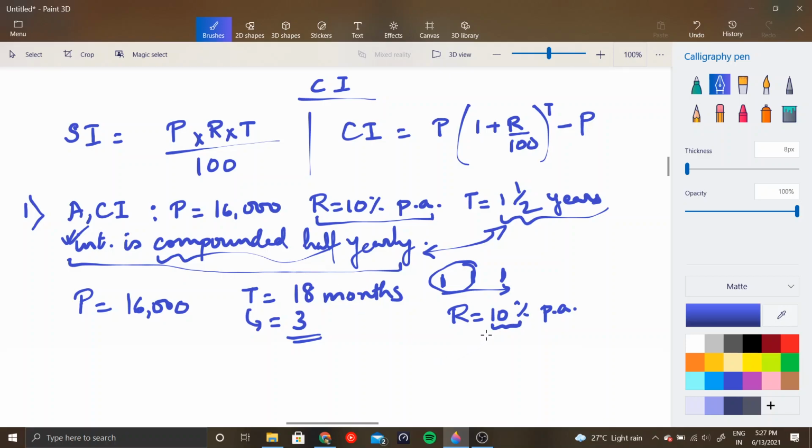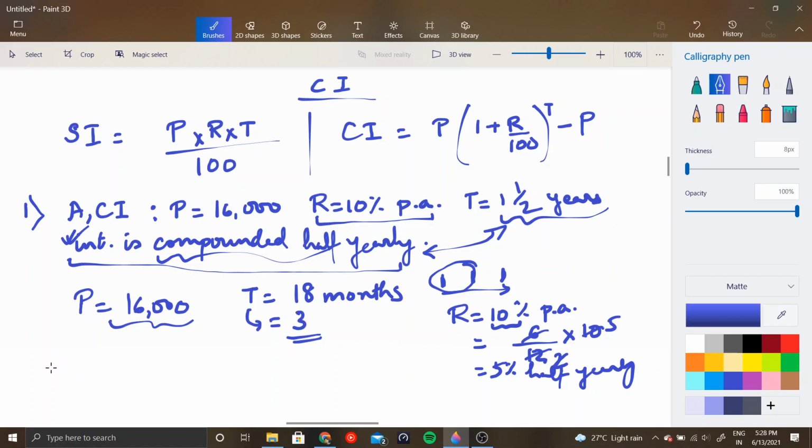So we need to convert this rate so as it satisfies the 6 months criteria, okay? So 1 year is 12 months and we just need 6 months. So convert this, right? So it becomes 5% half yearly, okay? So the rate is 5%, the time period is 3, and the principal is 16,000, okay?